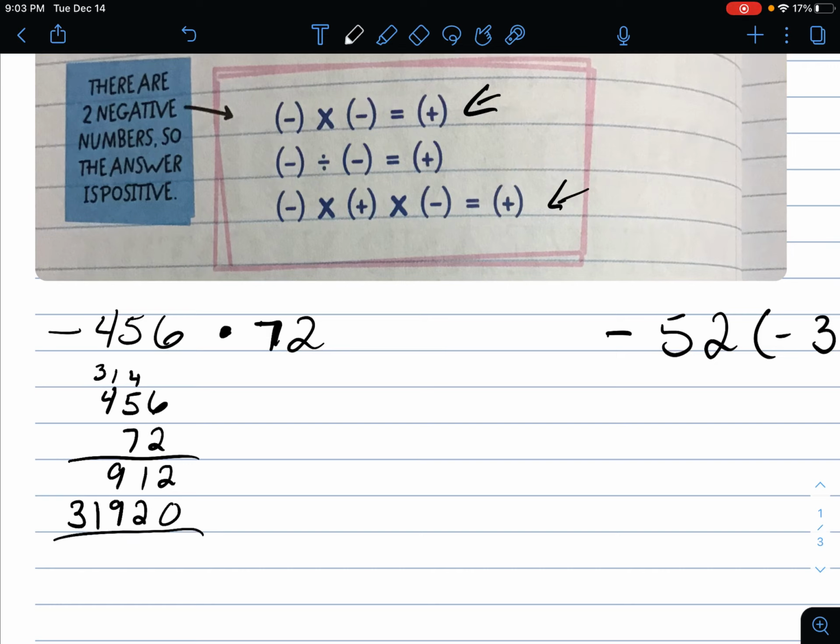Okay, once again, we're just going to add everything together. 2 plus 0 is 2. That doesn't look quite right. 9 plus 9 is 18. Drop the 8, carry the 1.